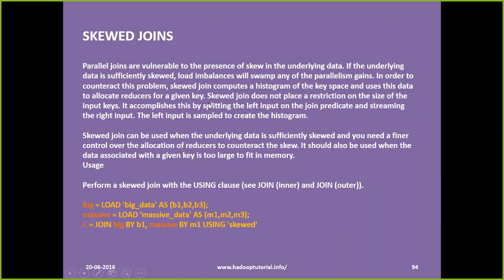In this case, we use the skewed joins. If you specify using skewed, then in the underlying backend it tries to reduce that imbalance, and it uses some optimization techniques to achieve the performance.